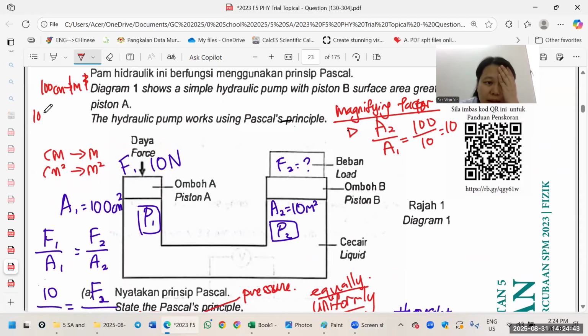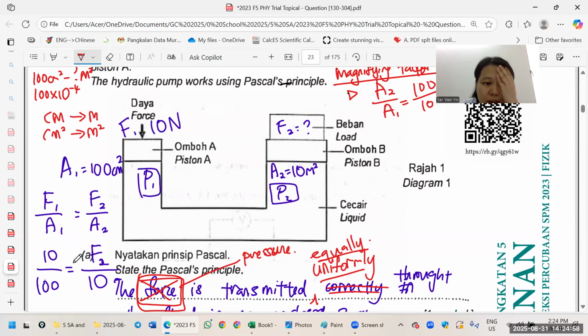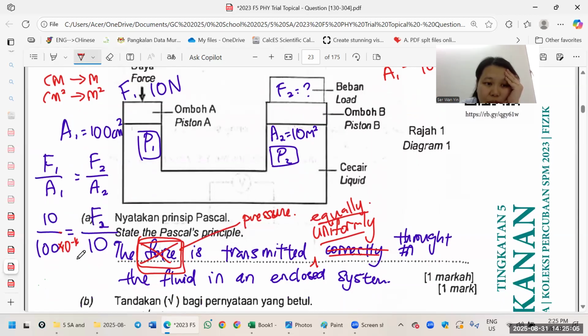Then 100 cm squared to meter squared, how much? So actually it is 100 times 10 powers of negative 4. So what we do? F2 equals to 100 divided by 100 times 10 powers of negative 4.